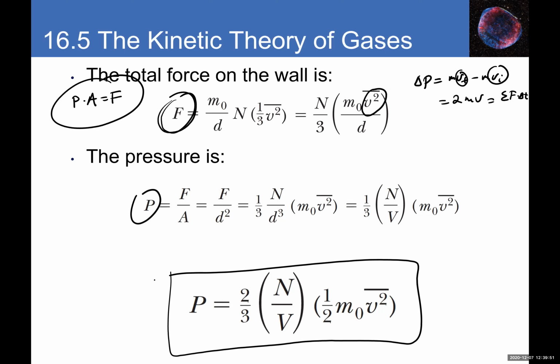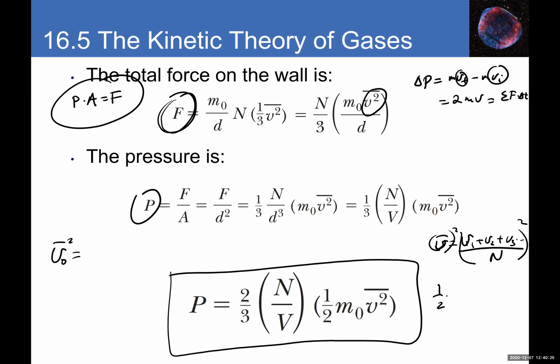Now, what is average velocity squared? Remember, the average velocity will be the average of velocity 1 plus velocity 2 plus velocity 3, divided by n. That's my average velocity. Then I take this quantity and I square that. So that's what it is.